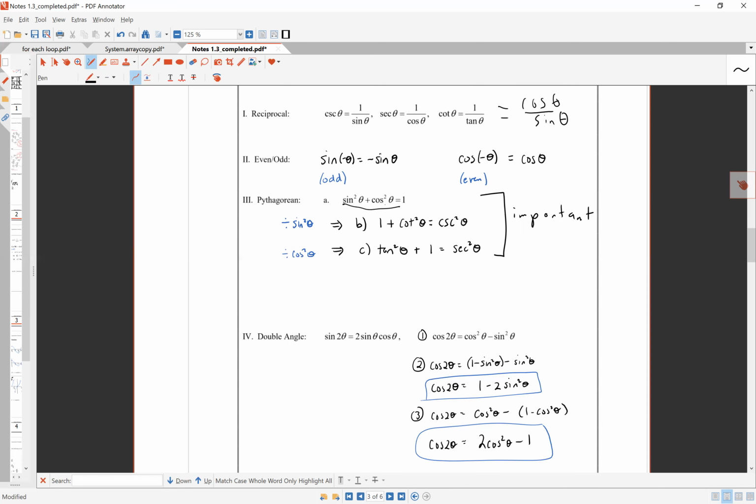So you just replace cosine squared with 1 minus sine squared theta. And so another way of writing cosine 2 theta is 1 minus 2 sine squared theta. Or we can replace sine squared theta with 1 minus cosine squared theta. And then there are 3 different ways of representing cosine 2 theta, and they'll all be very useful to us. I'm not sure at what point in the course, probably about halfway through.